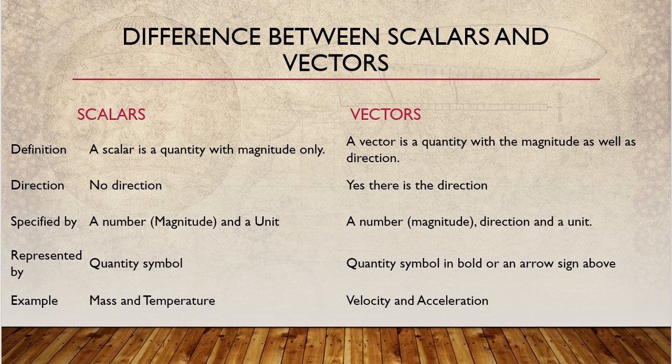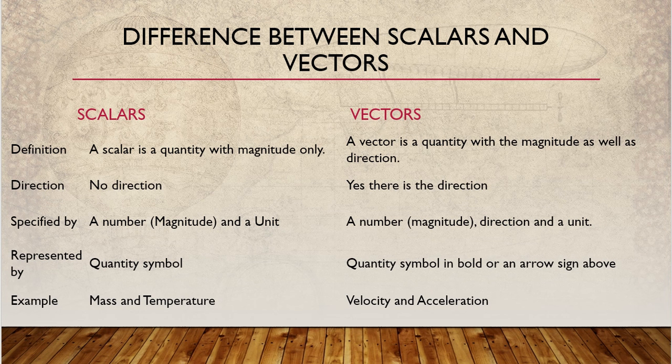Now let us move towards the difference between scalars and vectors. The definition of a scalar is a quantity having only magnitude. A vector is a quantity which is having both magnitude as well as direction.